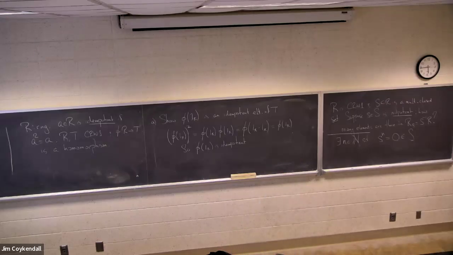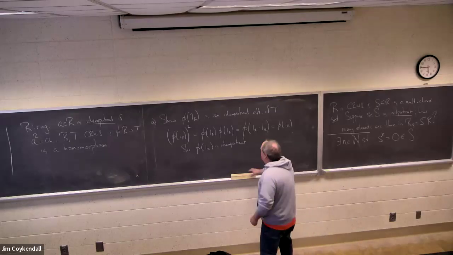What I had said earlier in class is usually we take a homomorphism, we take the identity of one ring to another identity, but I'm not making that assumption here. However, if that was the case, it certainly would be true, wouldn't it? Because if you take 1R to 1T, well, the identity of T is certainly idempotent as well, right? And actually, we're going to prove under these conditions, this does turn out to be the identity of T.